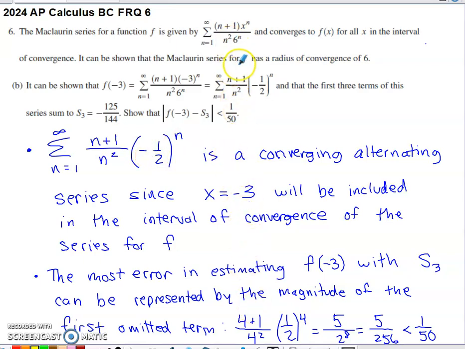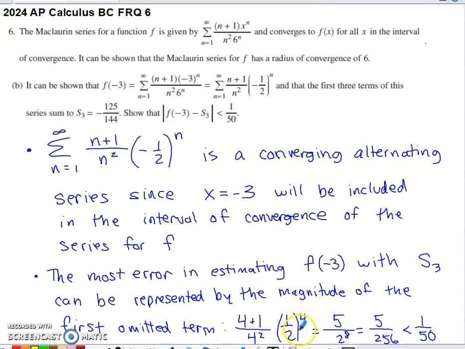So if you put 4, and I'm going back to this version of the series, if you put 4 in place of the n's, so there's 3 n's to replace with 4, you end up with this. I ignored the negative. Raising to an even power is going to give you a positive, but we only care about the magnitude of this term, right? We don't necessarily care about the direction of the error. We care about the magnitude of the error.